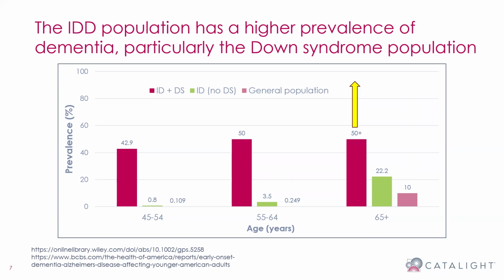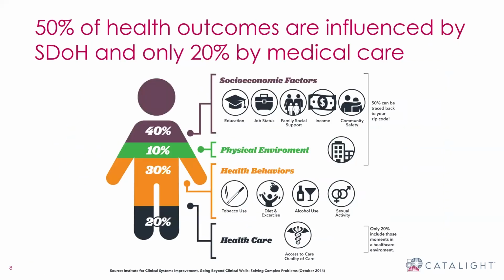Now, putting all the medical and healthcare together, unfortunately, that only influences 20% of somebody's health outcomes. Of all the things that go into what influences a health outcome, only 20% is influenced by medical care.